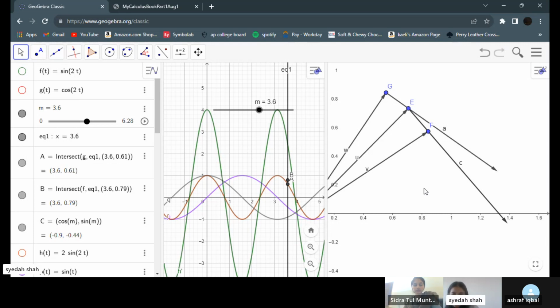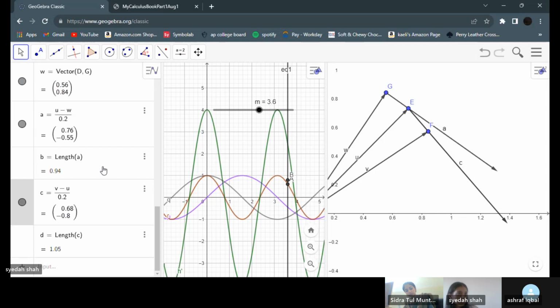Okay, now you can find the acceleration from these two velocity vectors.